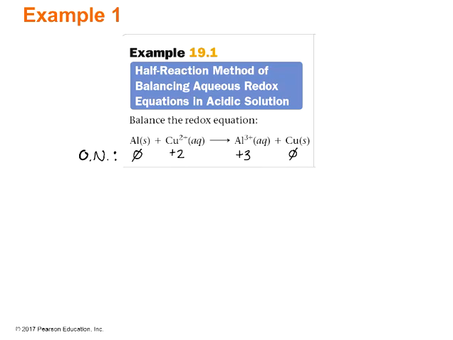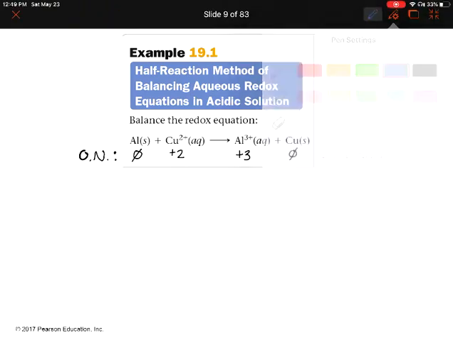Okay, so aluminum, if we just focus on that, its oxidation number changes from 0 to +3. So is it losing electrons or gaining electrons? It's losing electrons because it's becoming more positive. So this would be oxidation or reduction? Oxidation.